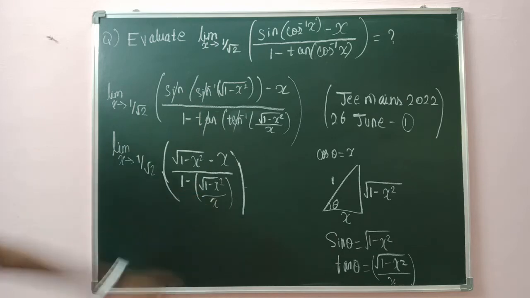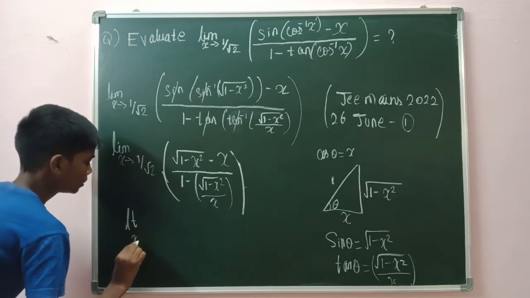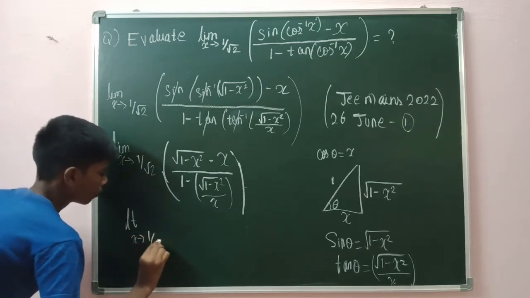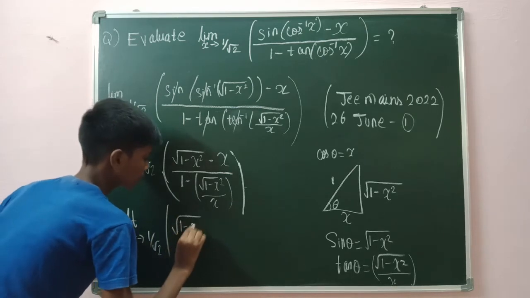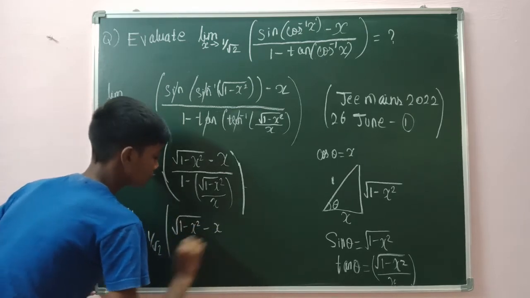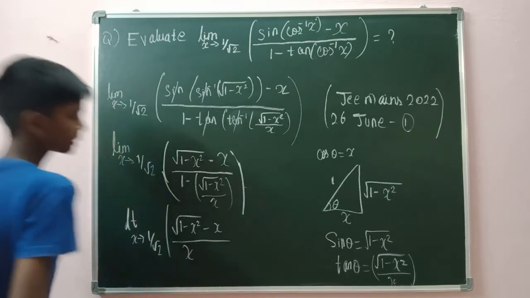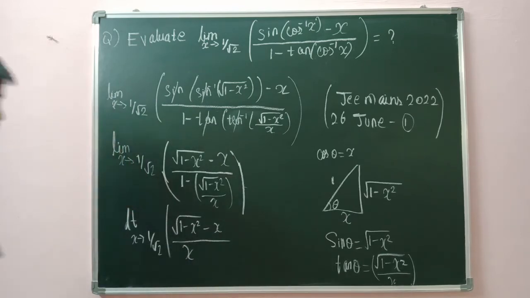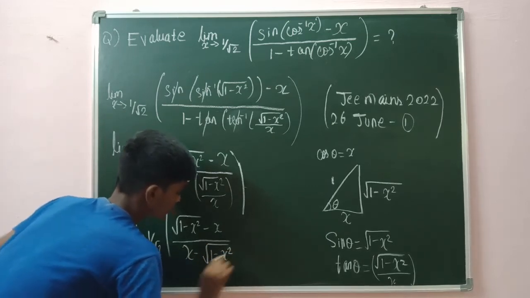So now in the denominator take LCM. When I take LCM, I can write the same limit as limit of x tends to 1 by root 2 of root of 1 minus x square minus x. In the denominator, when I take LCM, I think we will get it as x minus root of 1 minus x square by x.